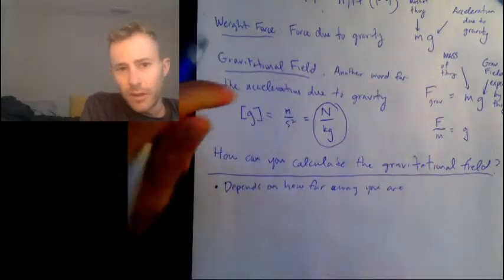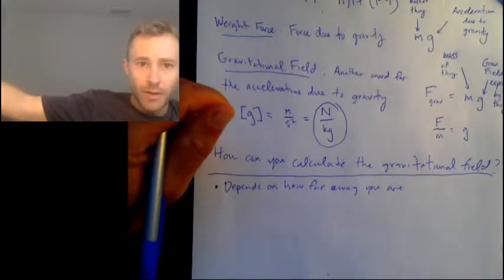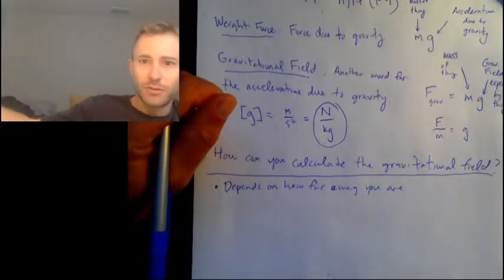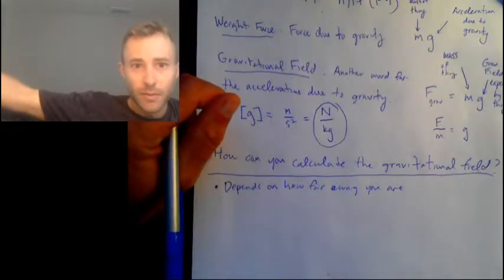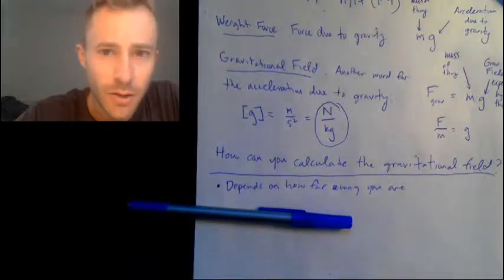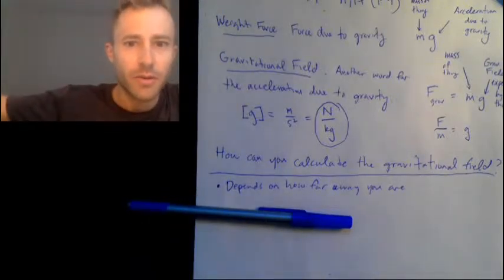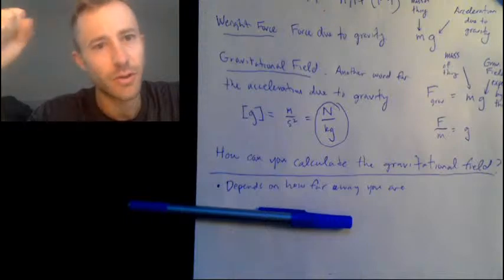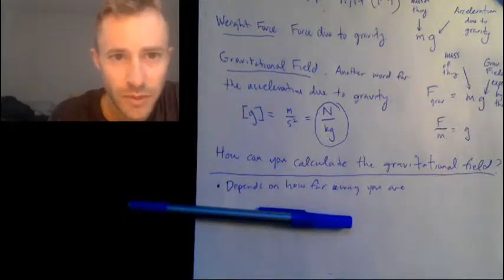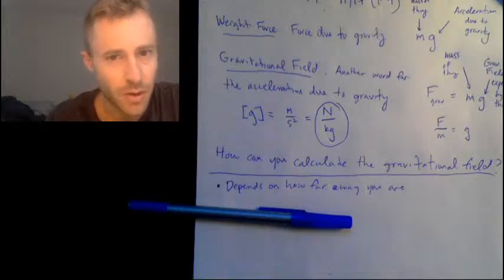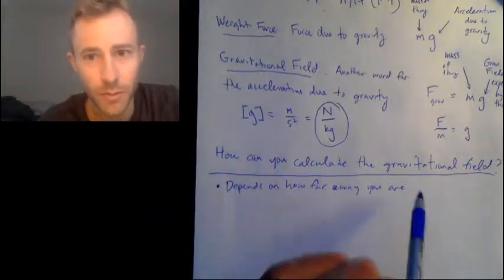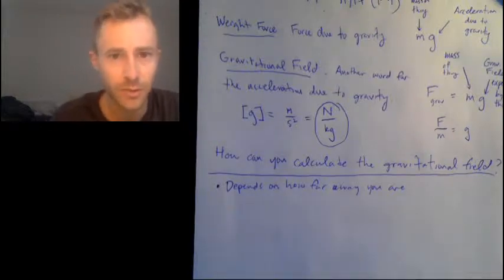So the further you move away from the Earth, the less of a gravitational field the Earth creates in your vicinity, okay? So if you're 10 light years away from the Earth, the gravitational field that the Earth creates 10 light years away from it is tiny, so you won't really feel that gravitational field, okay? So it depends on how far away you are from the thing that is creating the gravitational field.